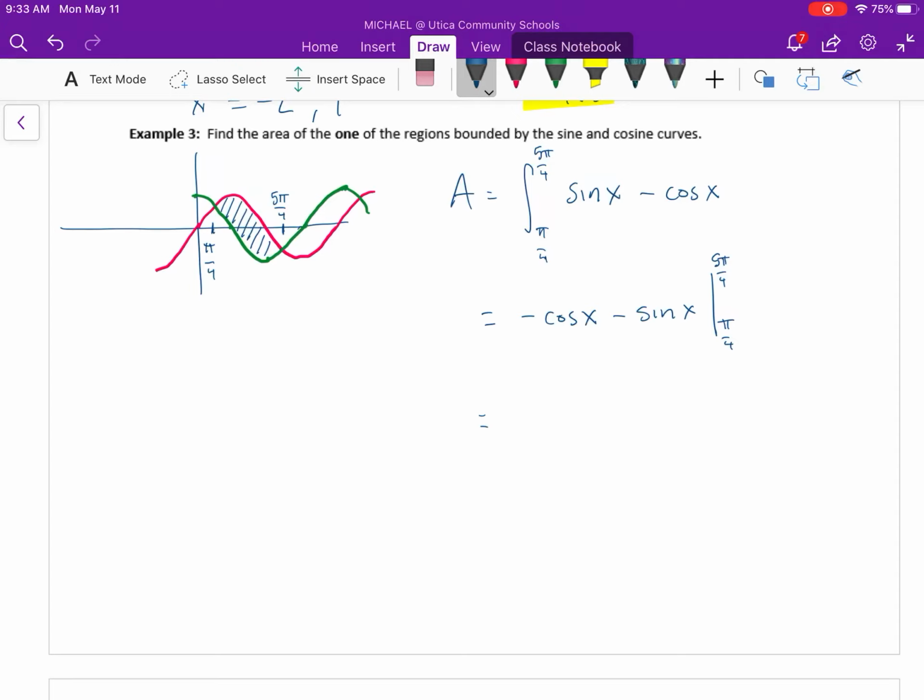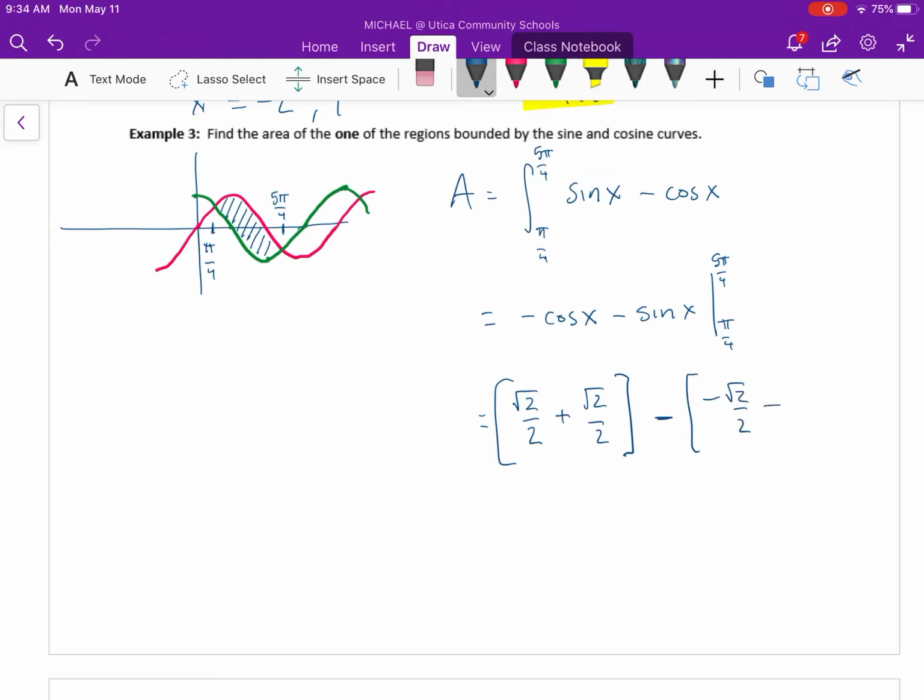So let's plug in some values and let's see if we can get an answer. So when I plug in 5 pi over 4 into cosine, I get negative root 2 over 2. So the opposite of negative root 2 over 2 is root 2 over 2. When I plug in 5 pi over 4 into sine, I get the same value. So I'm going to get a plus root 2 over 2. Minus. All right, in this case, when I plug in pi over 4, I get root 2 over 2.